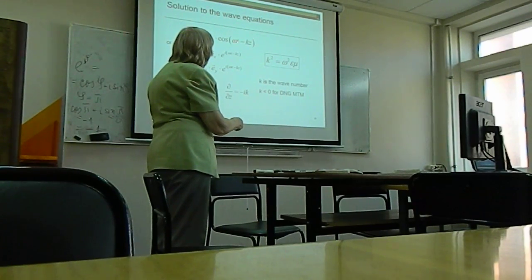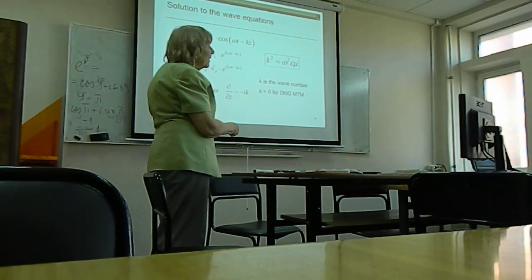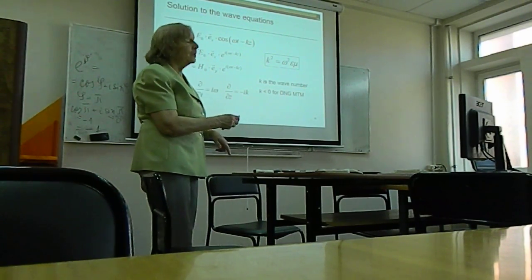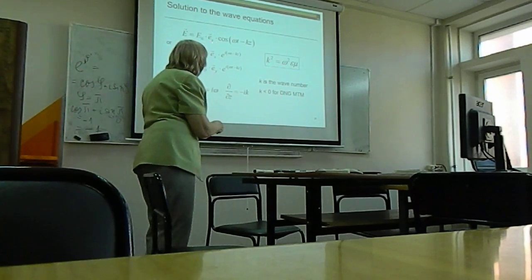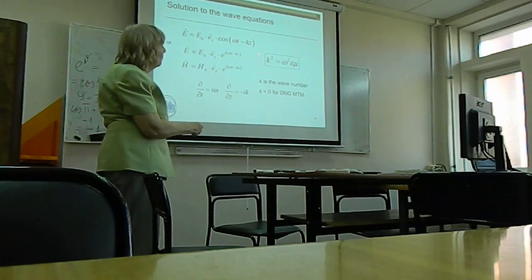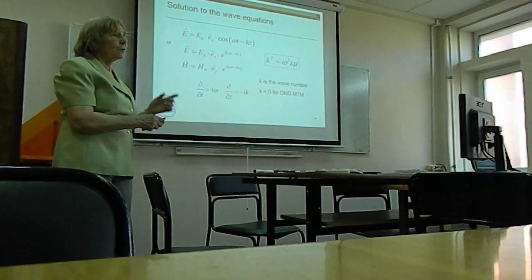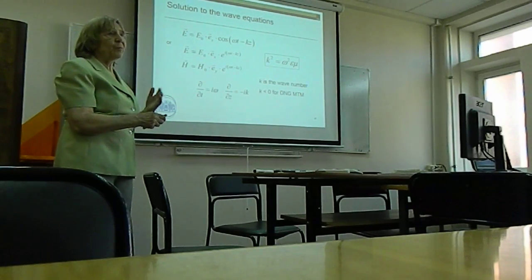This is time, and this is coordinate z. So we have two variable parameters, time and coordinate. The electromagnetic wave depends on both time and coordinate, because the wave propagates.